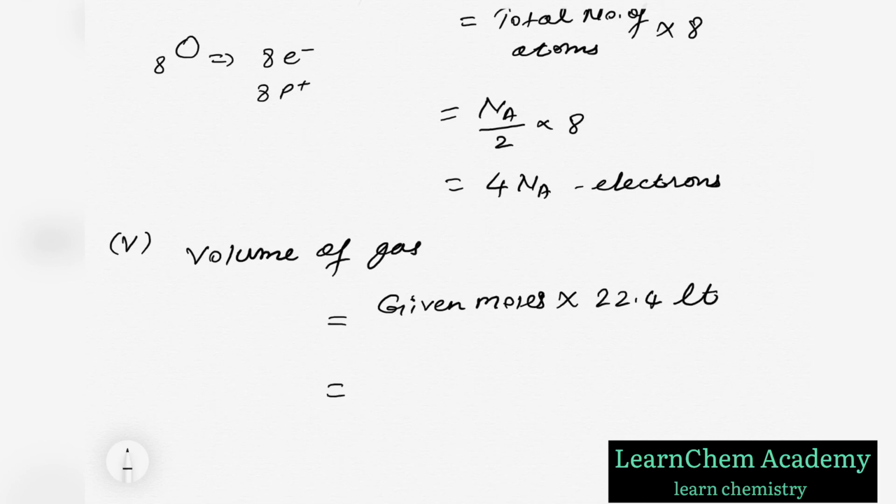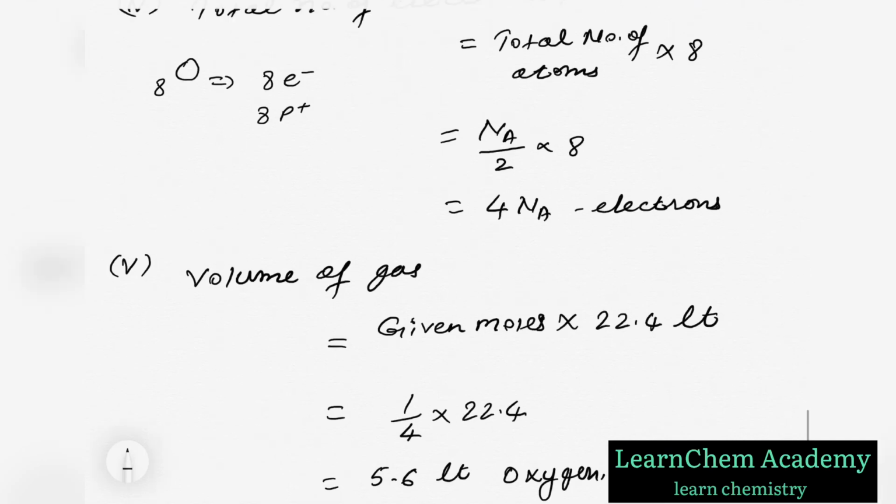So we have 1/4 moles and this is the 22.4. So we will get 5.6 liter volume of oxygen. So we have 5.6 liter oxygen.